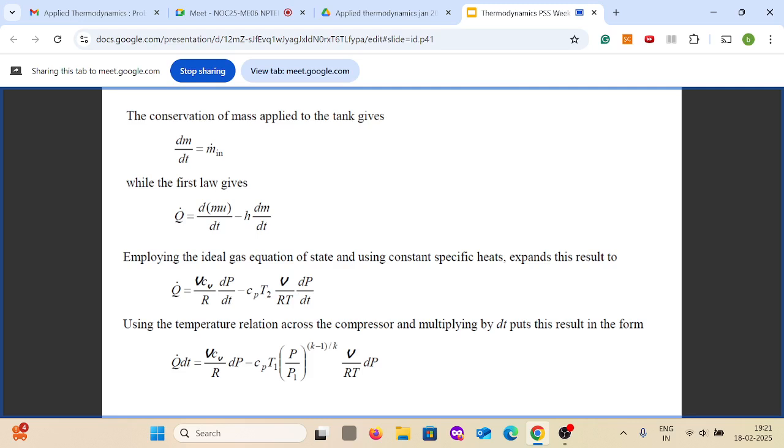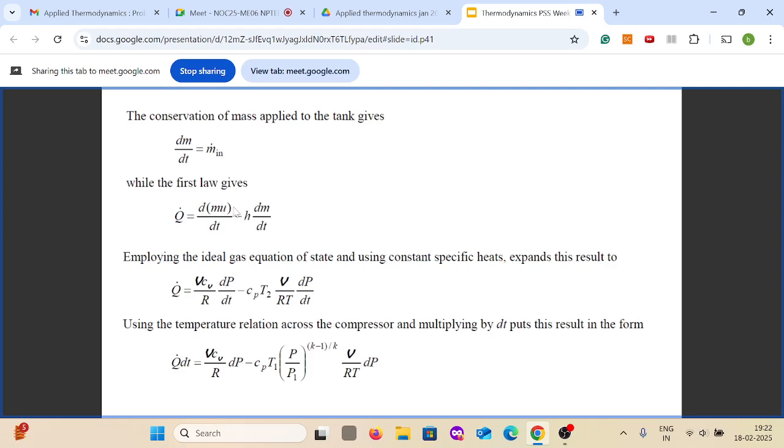And then when we do an energy balance, the energy change of the system equals energy in minus energy out. So energy out is Q and energy in is the enthalpy which is coming in. So rearranging, I'll get Q dot is d(mu)/dt minus h dm/dt.